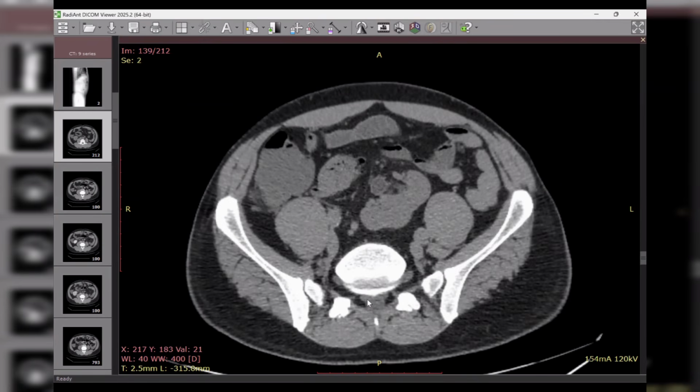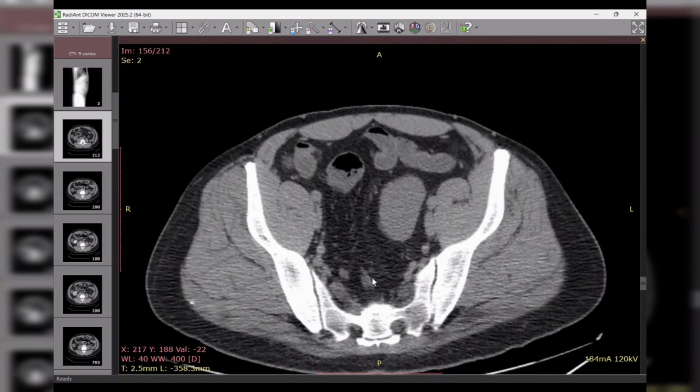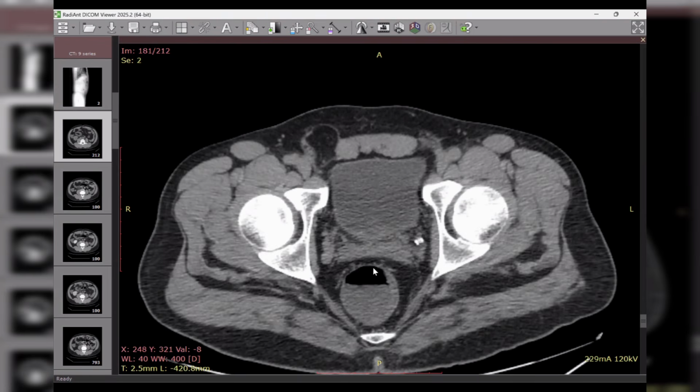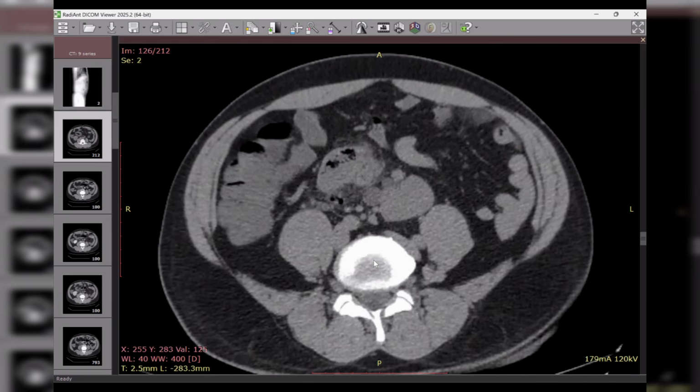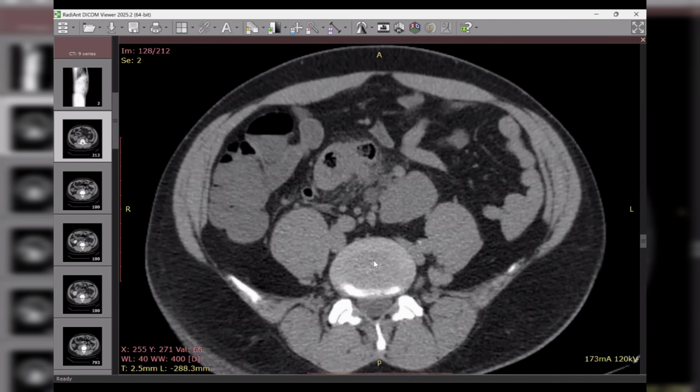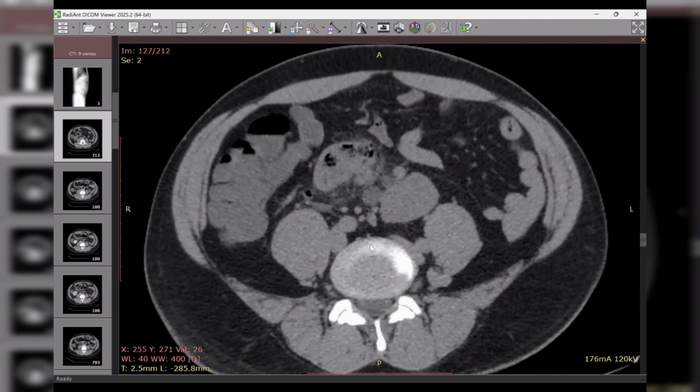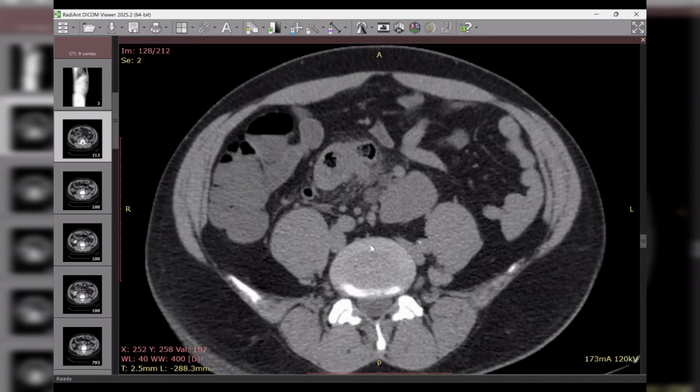Okay. So go ahead. You are doing very, very good in capturing the findings. What are you suspecting? Okay, so I'm suspecting sigmoid diverticulitis in this patient. There are multiple diverticula which can be seen and circumferential thickening of the sigmoid colon with pericolic fat stranding.